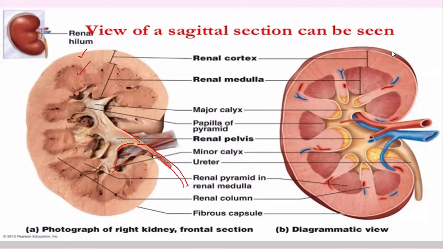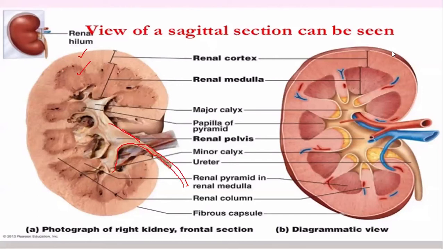The pelvis, of course, collects from the minor calyces. They become the major calyces, and therefore the urine will be collected going to the ureter. So that the urine can be transferred here.